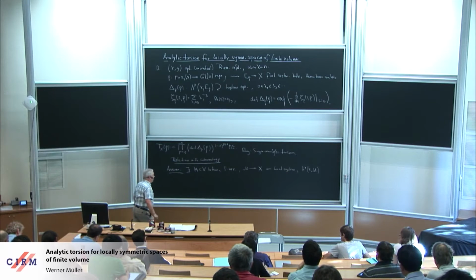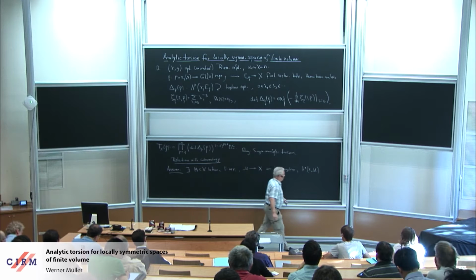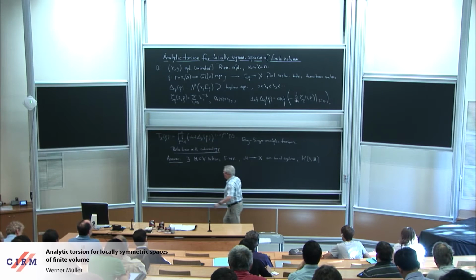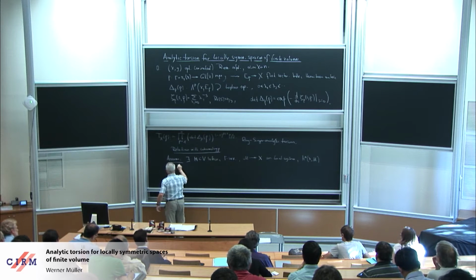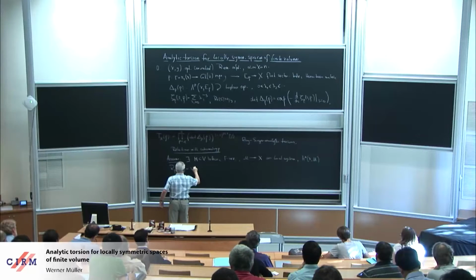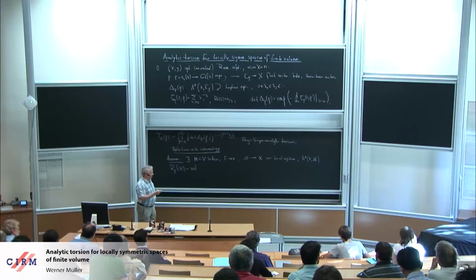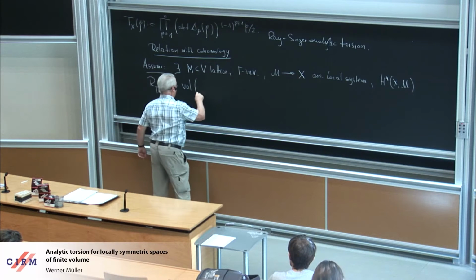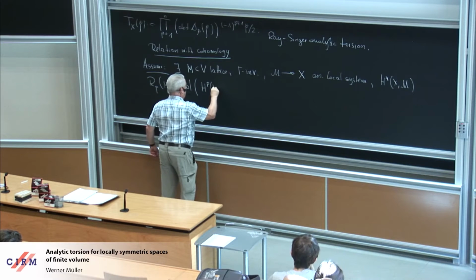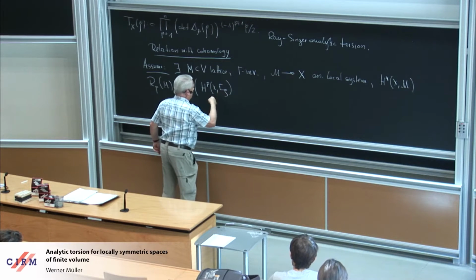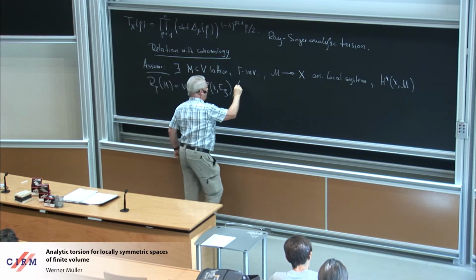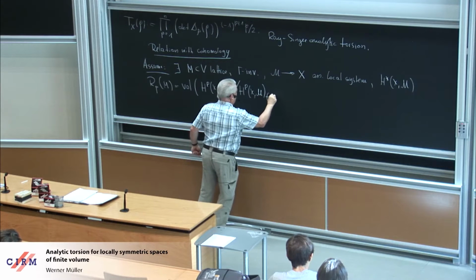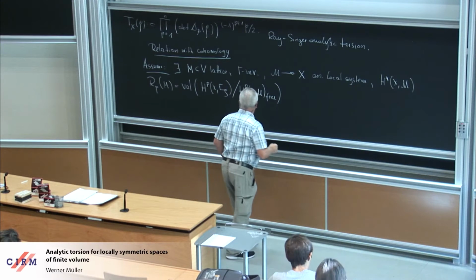And using this, first of all, using the free part, we define the so-called regulator. Well, the free part of the cohomology is a lattice in the real cohomology, and we can talk about its volume. So this is the real cohomology, and the free part of the integer cohomology is a lattice.